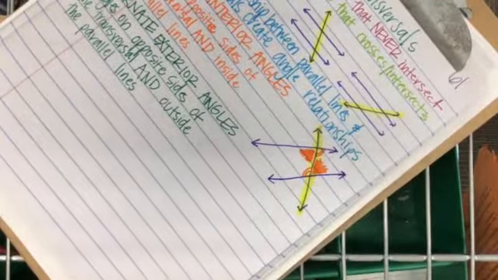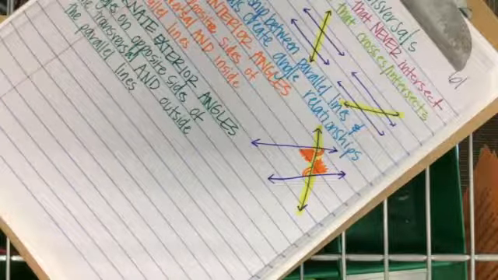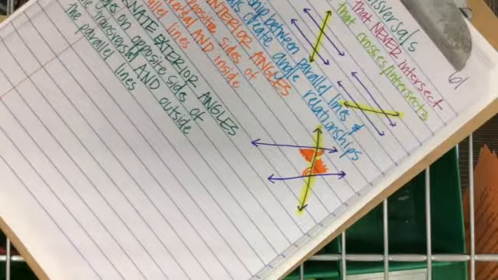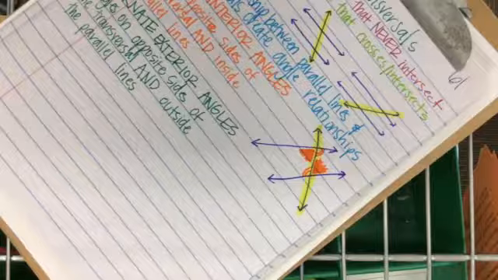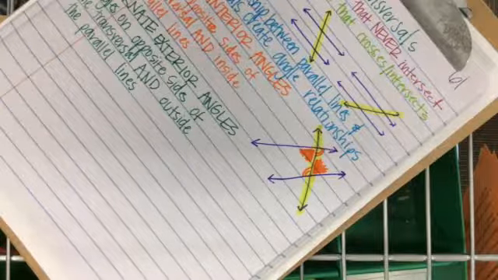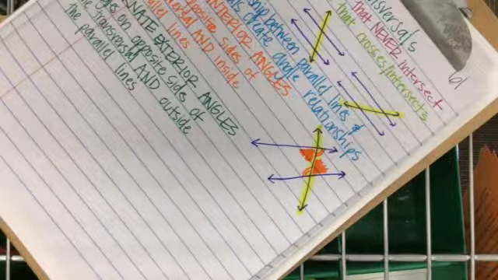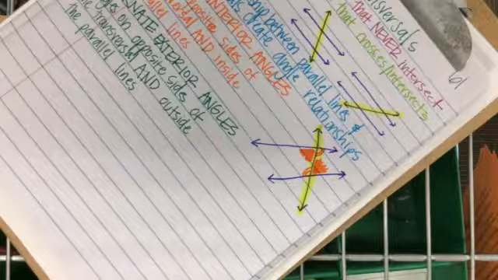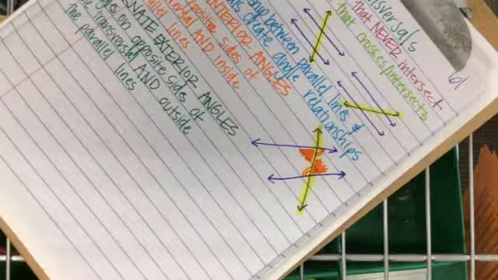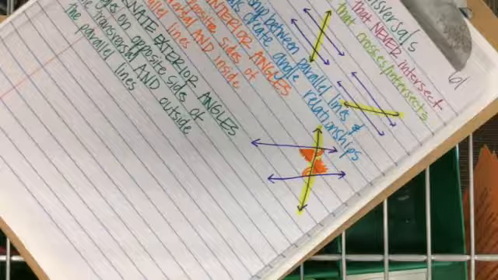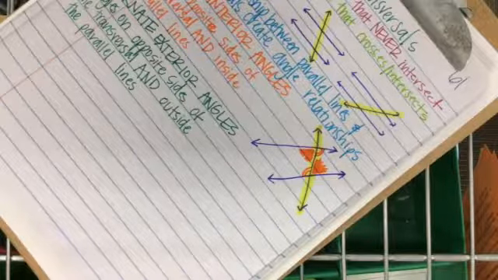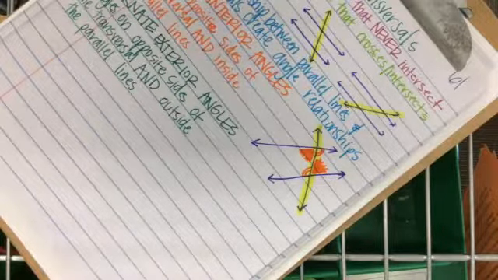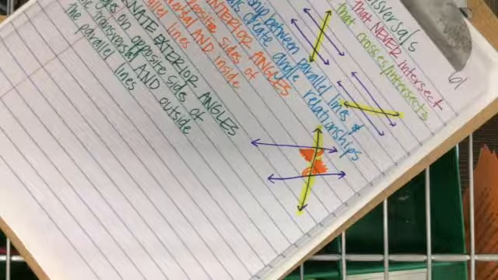There are 2 sets of alternate interior angles. You just have to pick. There's an acute set and an obtuse set of alternate interior angles. And sometimes, in order to see it, you have to turn it so your parallel lines are horizontal. That's a brain thing.